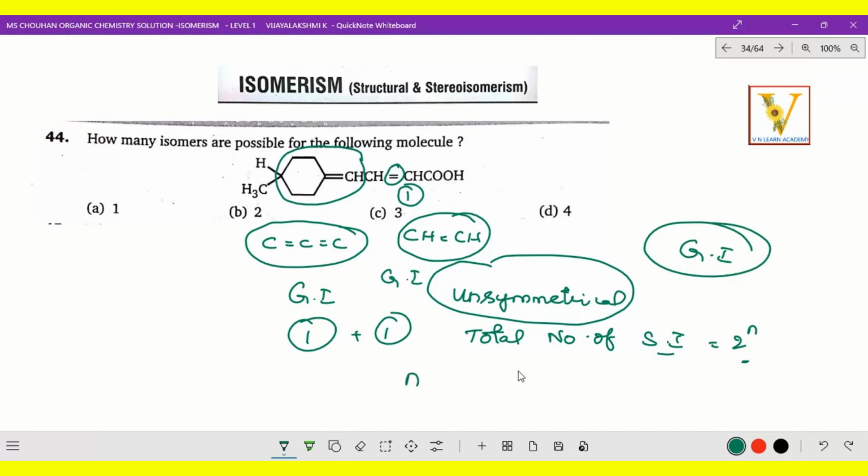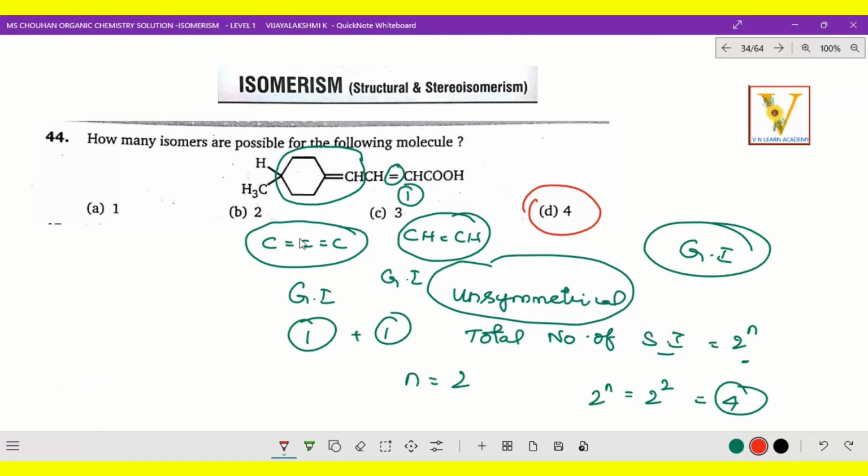So n equals 2 stereogenic centers. Now 2 to the power of n means 2 to the power of 2, so naturally 4 isomers are available. So how many isomers are available here? 4 isomers will be available. Now let me give you the correct idea.